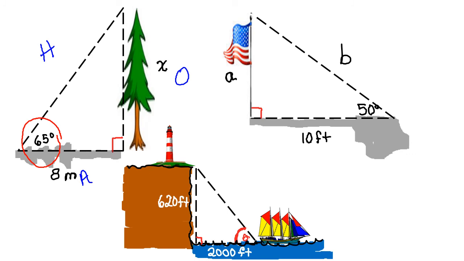We have an O and an A. So that means we're going to do tangent. So tangent the target, 65 degrees, equals O over A, so that's X over 8. Variable in the numerator, so we're going to times by the trig. And lickety-split, we have the height of the tree at 17.61.